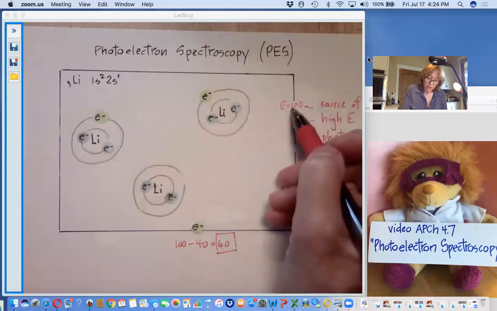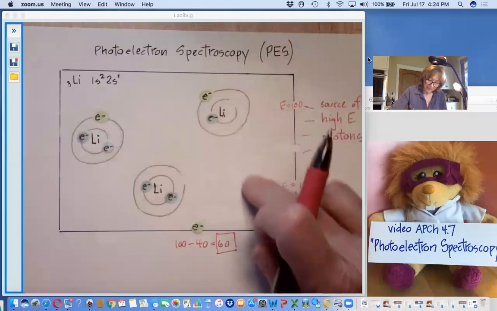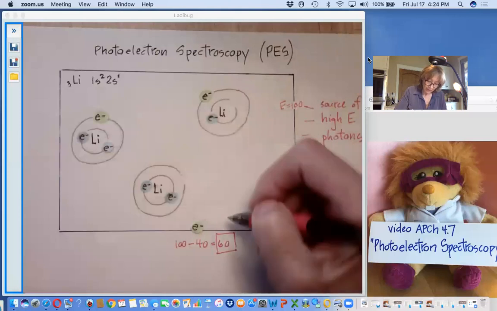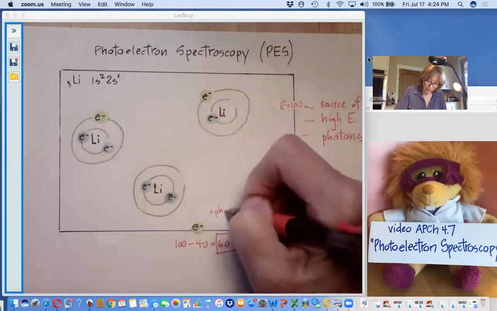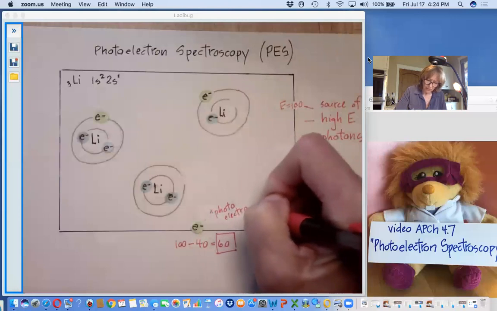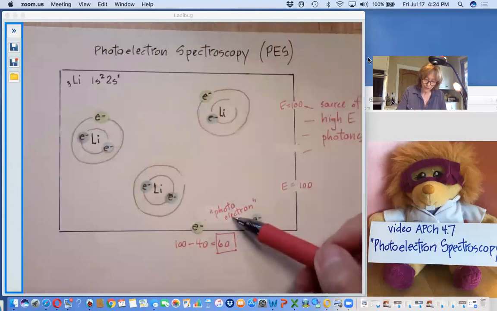So here comes the photon, the little bundle of energy. It strikes this electron. By the way, once an electron is dislodged from the atom, it goes by the name of photoelectron. Okay, guys, those electrons haven't changed in any way. They're just simply knocked loose from their atom by a photon.